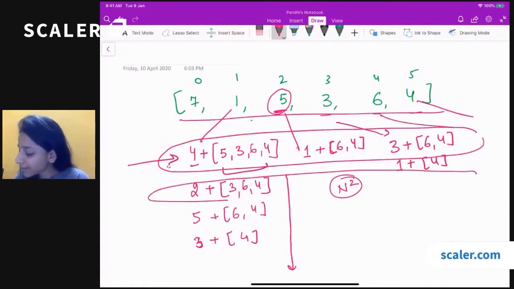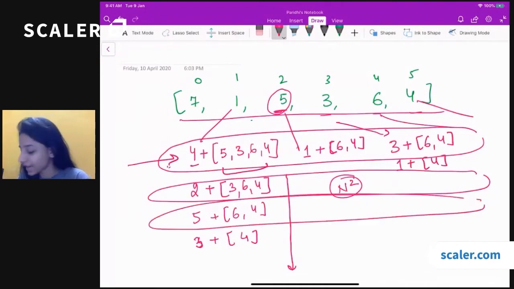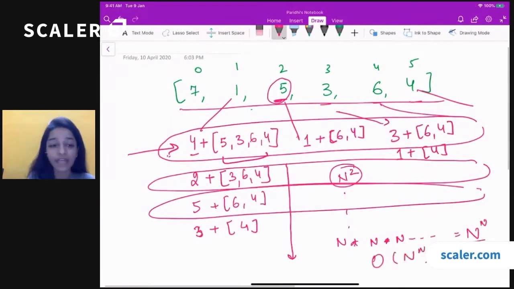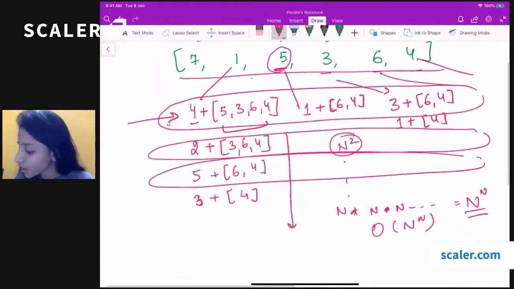And then the next level will again have n possibilities for n elements, and then again at the next level n elements and so on. So that will be like n into n into n and so on. So it will be n to the power n. The time complexity is of n to the power n, which is very huge. So now let's see how we can optimize this using DP.